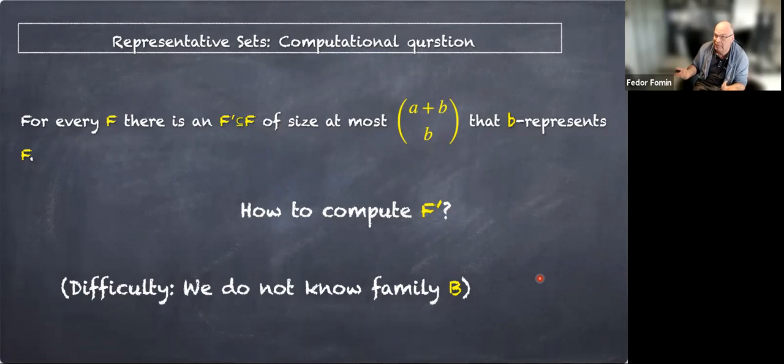So we don't know the family B, and it's hard to say which sets are necessary to keep this condition.